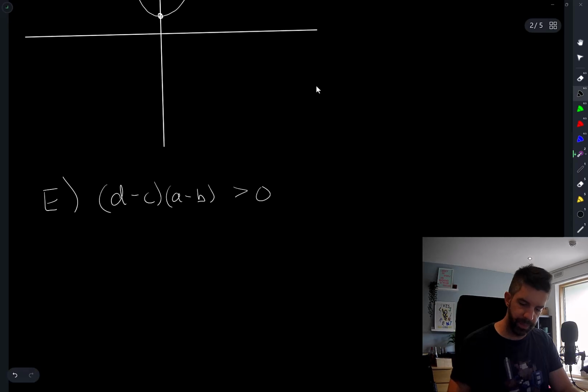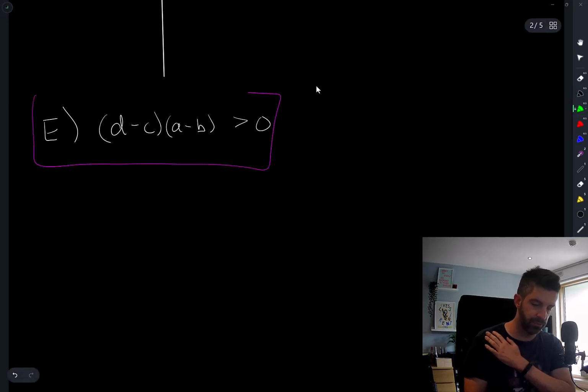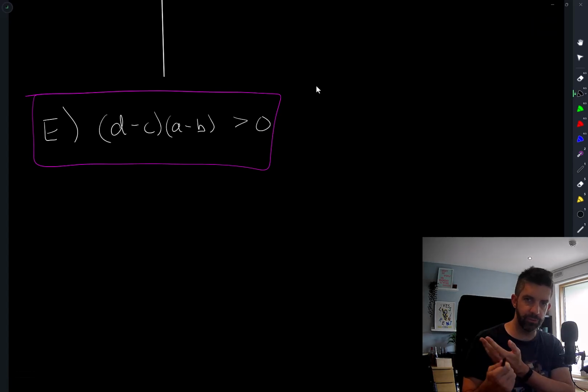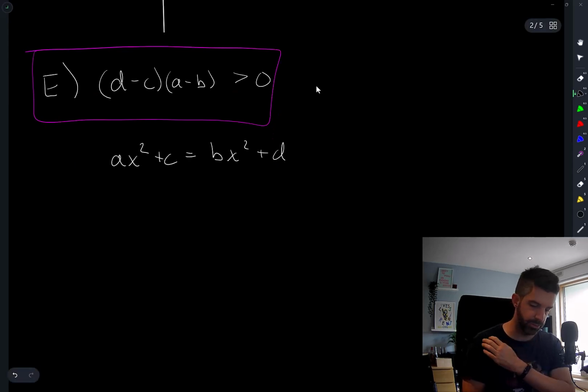You know what? Maybe there's a purely algebraic way of figuring this out. If I set these things equal, yeah, we didn't need to do this geometrically. Let me think of this in a different way, and hopefully we can just derive this directly through algebra. If the two curves have exactly 2 points of intersection, this says that ax squared plus c equals bx squared plus d has 2 solutions.